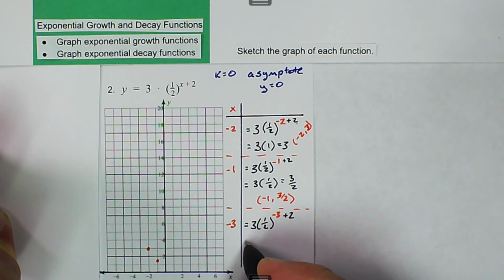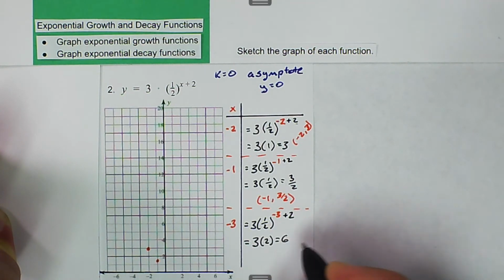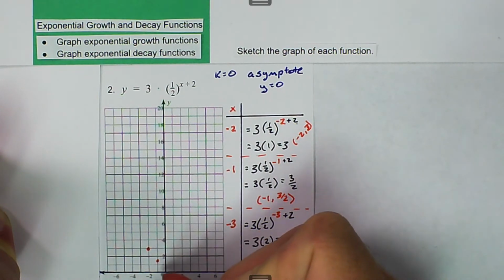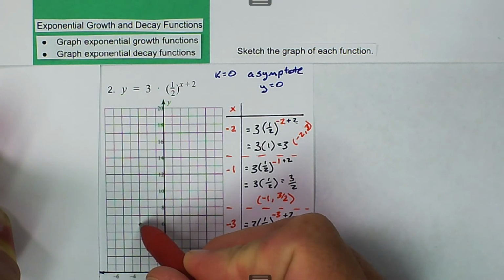So what we get here is -3 plus 2 is -1. 1/2 to the -1 power actually flips that because of the negative exponent rule. And so we get 3 times 2, which is equal to 6. So we get the ordered pair -3, 6. So -3, and then we go up to 6 right there.